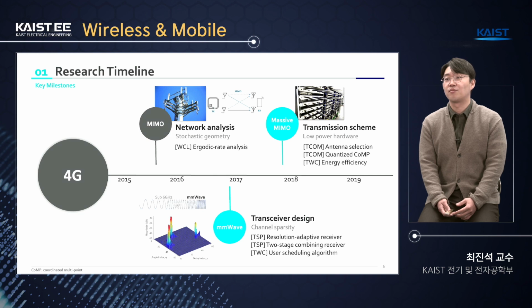And with the advent of millimeter wave communications, which uses a very high frequency range to exploit large bandwidth, and also the advent of massive MIMO communications, I tried to develop a transceiver design which uses very low power but achieves very high channel capacity. In terms of the millimeter wave communications, I used channel sparsity, which is a key feature of the millimeter wave. And for massive MIMO communications, low power hardware is especially introduced.